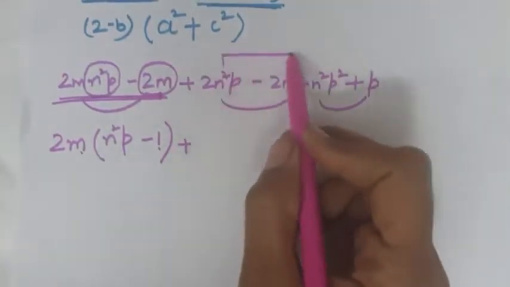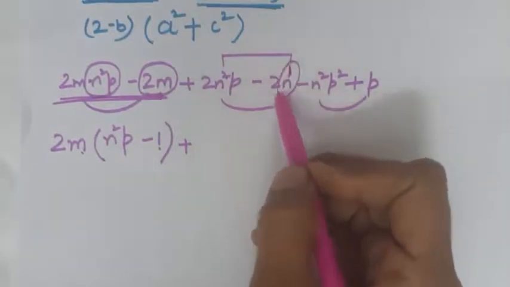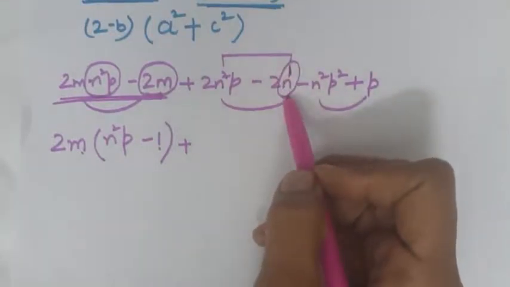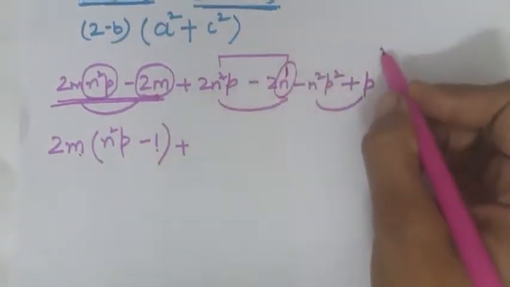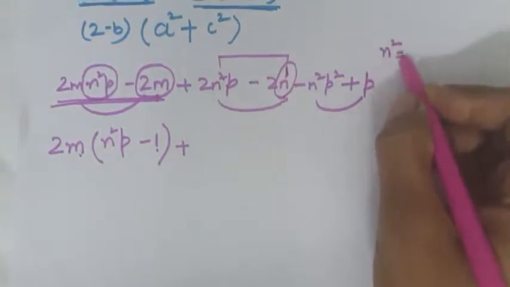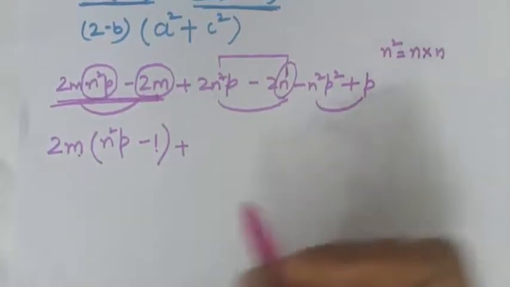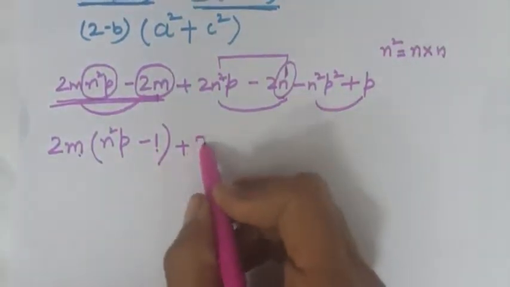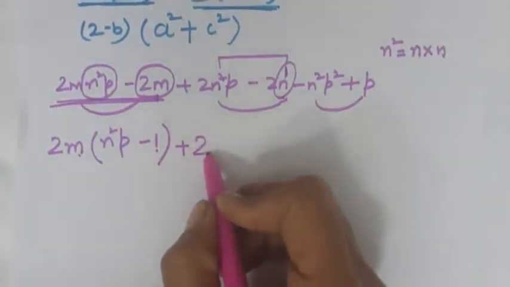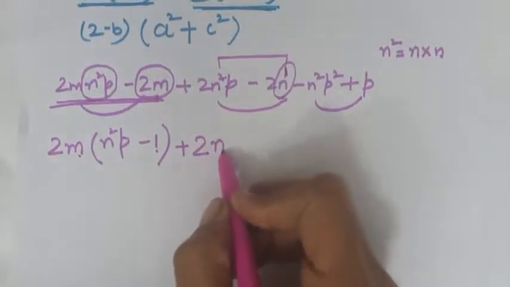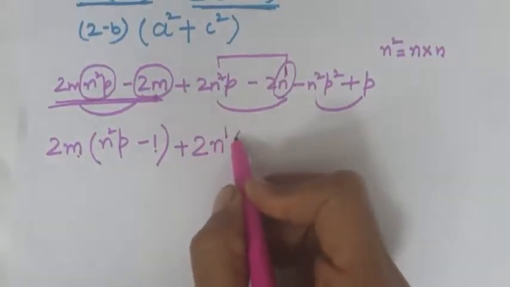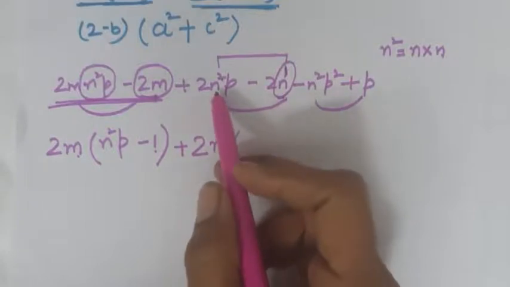Which is smaller? n raised to power 1 is smaller, because n raised to power 2 can be written as n into n. So can I take 2 common? Yes. Can I take n raised to power 1 common? Yes.